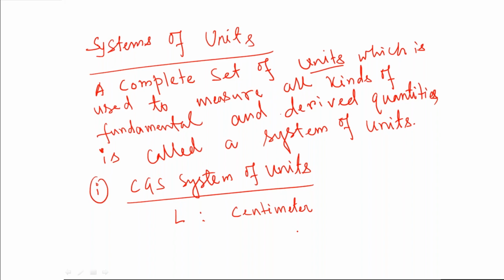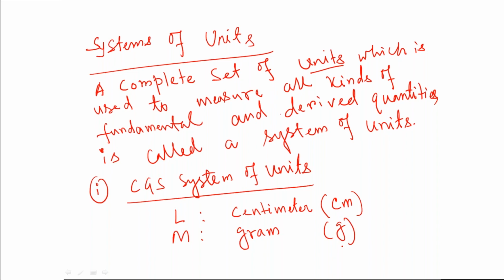It has the abbreviated form cm. Centimeter means cm, both small. And then mass is measured in gram, which has the abbreviated form small g.